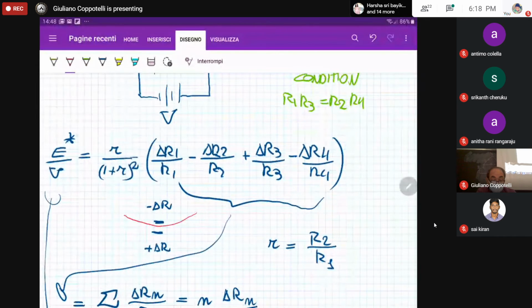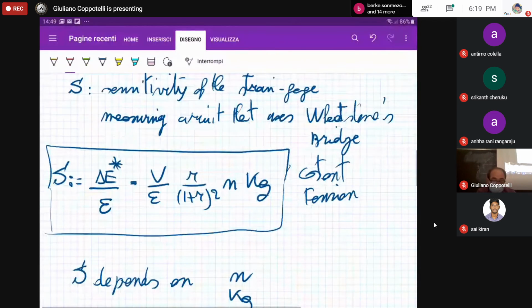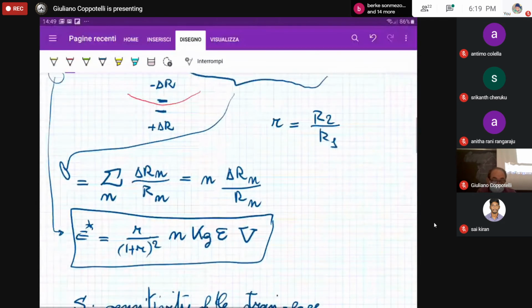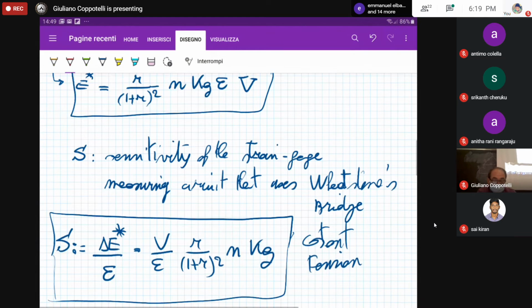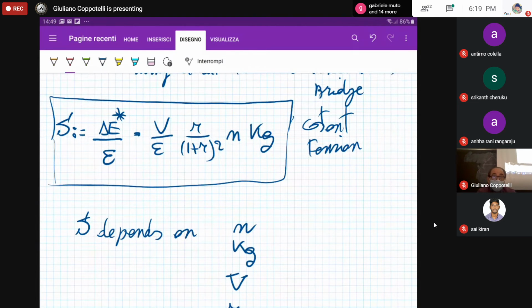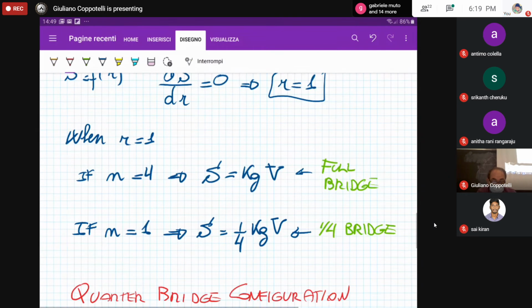That is the output tension and the strain gauge variation, the resistance of the strain gauge. So you are not measuring the change of resistance. You are measuring the change of the output tension because of the change of the resistance. And if you put the things together, you lead to this general equation, this one, and of course, the sensitivity is this one.